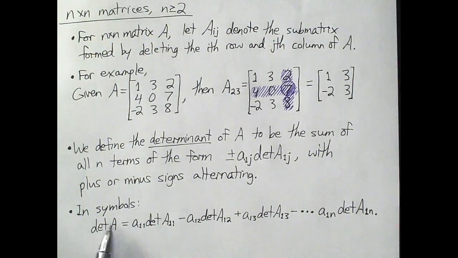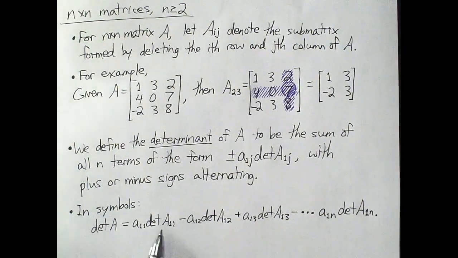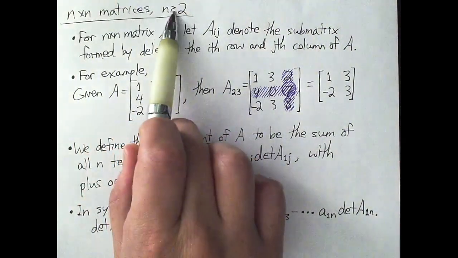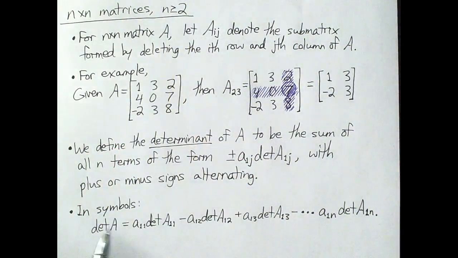So if this was 3 by 3, these smaller matrices are 2 by 2, and we could use the formula for the determinant of a 2 by 2. Or if we really wanted to, we could technically say this definition is supposed to work for n greater than or equal to 2. So even a 2 by 2 matrix, you could use this and break it apart into 1 by 1 matrices. And we know how to find the determinant of a 1 by 1 matrix.